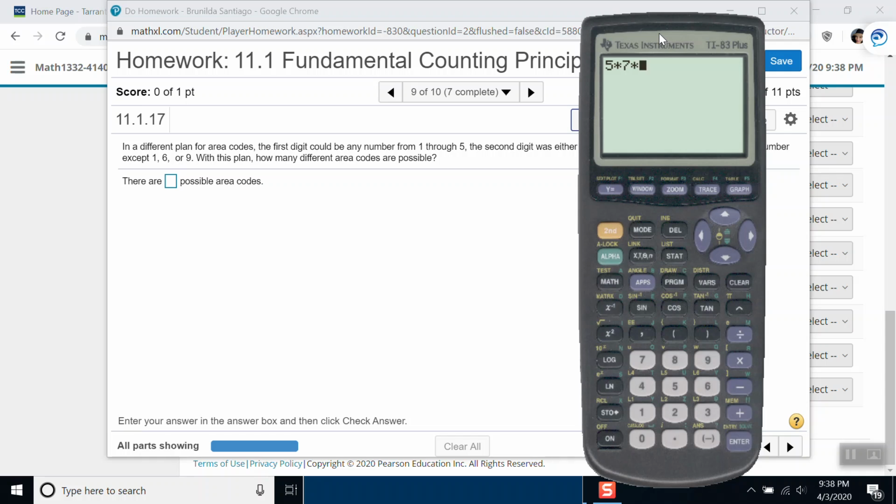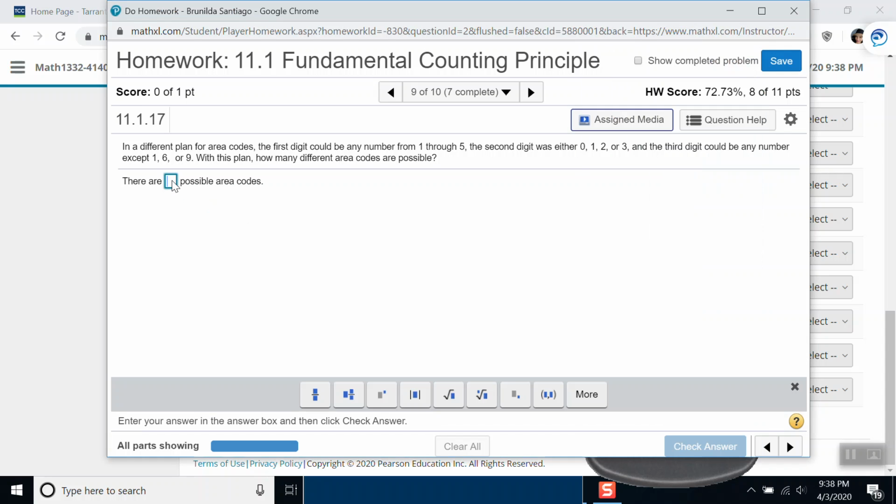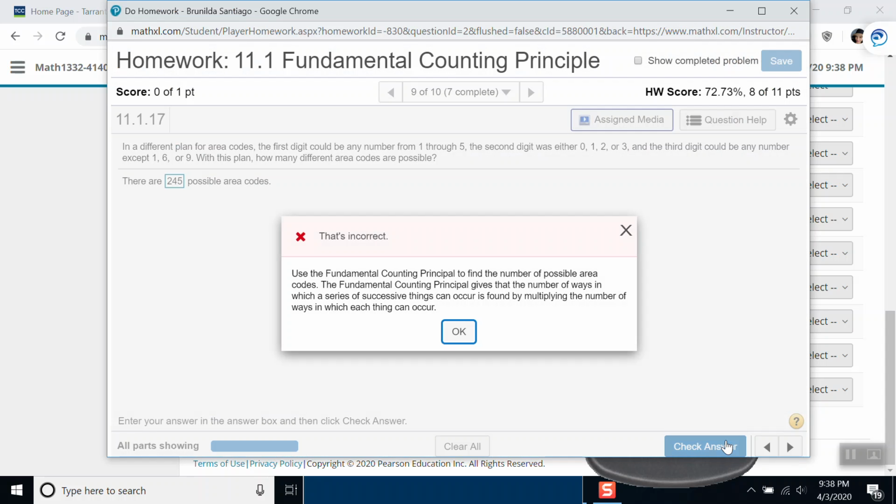Oh, I missed the 0. So it can be a 0, a 2, a 3, a 4, a 5, it cannot be a 6, it can be a 7 or an 8. So that means 7 choices for the third digit. And we multiply the choices and we get 245 possible area codes.